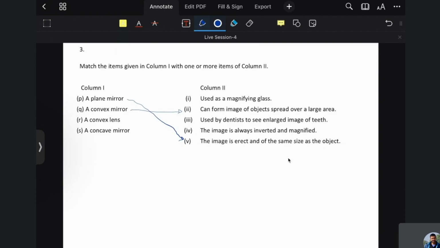So you have a convex mirror. At a crossing on the road, you might have seen a convex mirror.